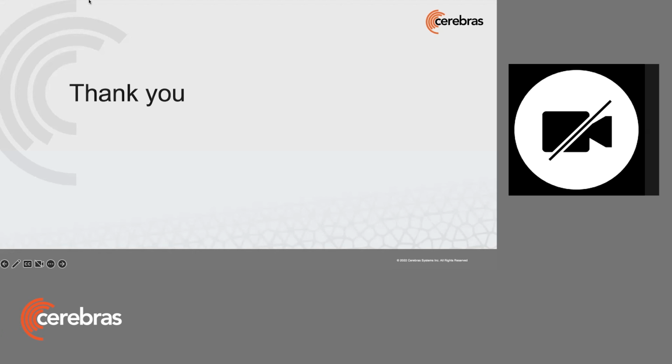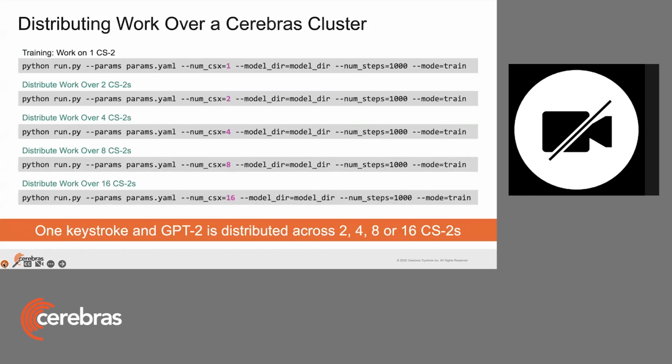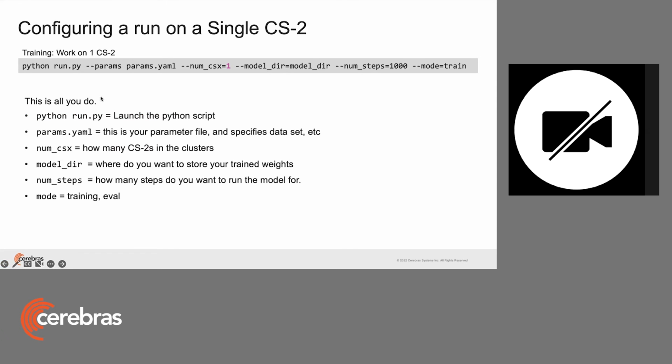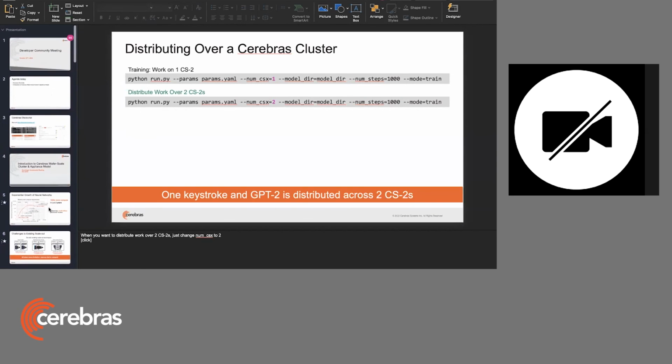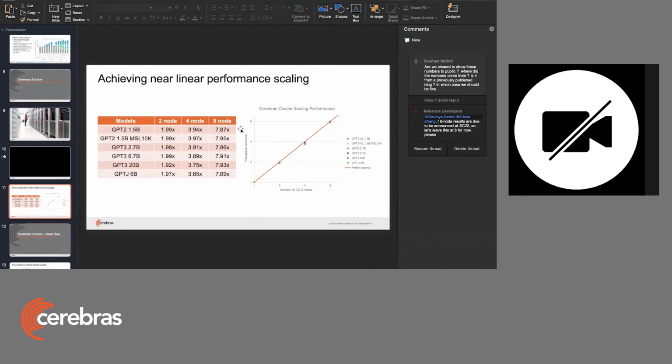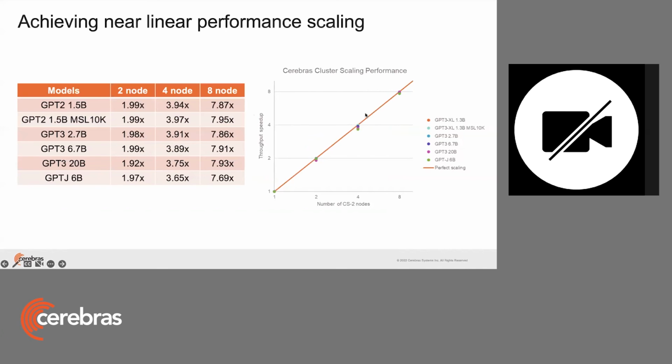If you go back to the performance table, maybe Claire, on your earlier slide, slide 11. If you look at this, the way we are distributing the processing, we see that from 2 nodes to 4 nodes, the same GPT-2 1.5 billion model can run at closer to 4x instead of 2x, right? That's the linear scaling we were talking about with respect to performance.